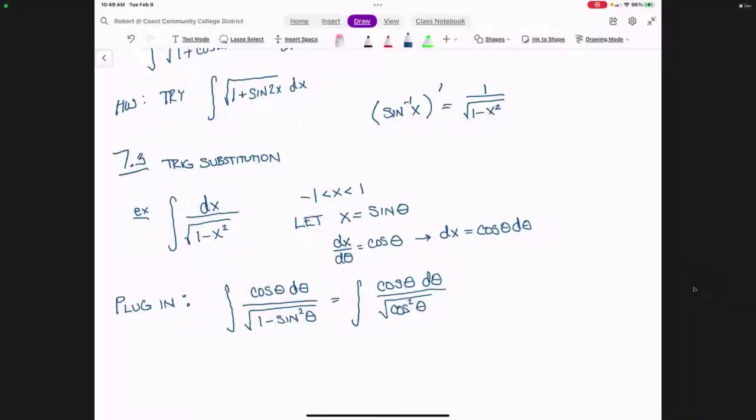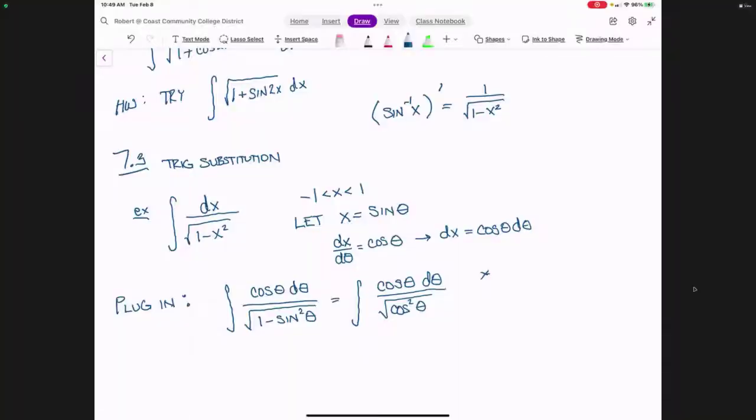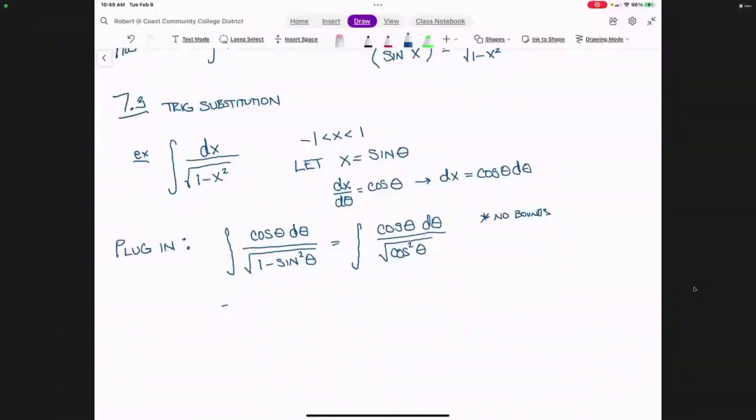Okay, now in the last problem, I made a big song and dance out of the square root of something squared being the absolute value. But here we're just symbolically manipulating, so there's no bounds here. And so all textbooks just dance around this idea.